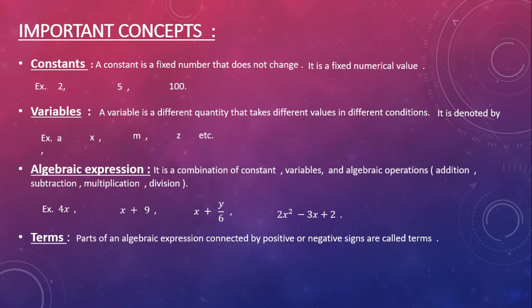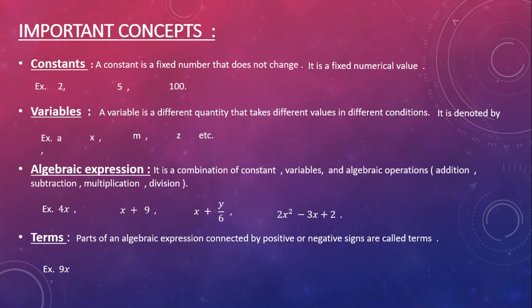Our new concept is term. Parts of an algebraic expression connected by positive or negative signs are called terms. Let's see some examples. 9x. Here 9 is a constant and x is a variable. 9 and x are multiplied here.